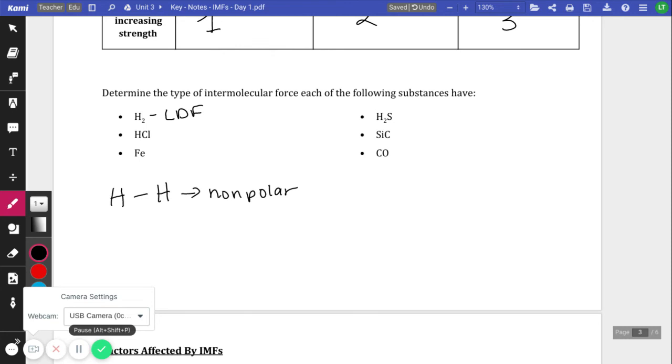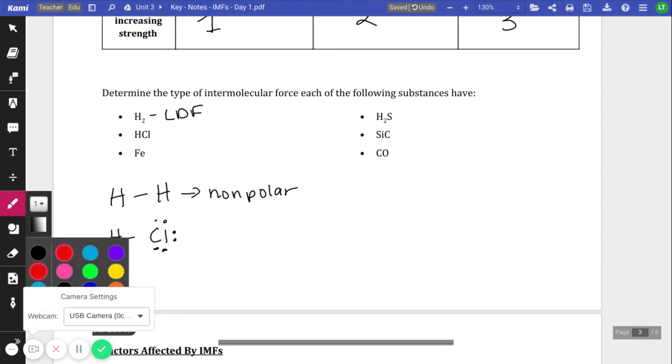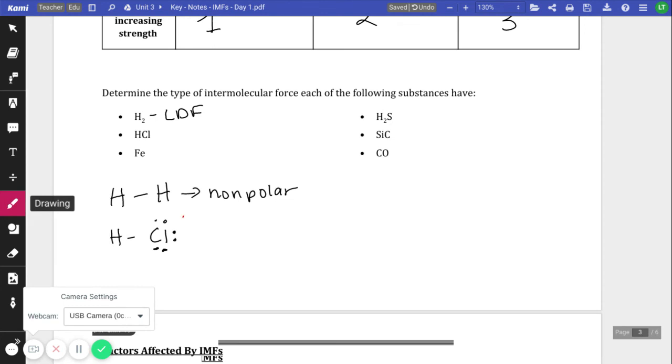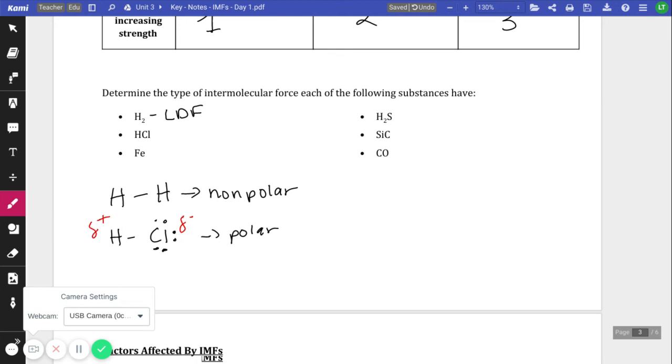Next, we would have HCl. So we have hydrogen bonded to chlorine, and chlorine has a much higher electronegativity than hydrogen does. So that means our chlorine is going to have that slightly negative charge, while our hydrogen has that slightly positive charge. And so this one is going to be a polar compound.